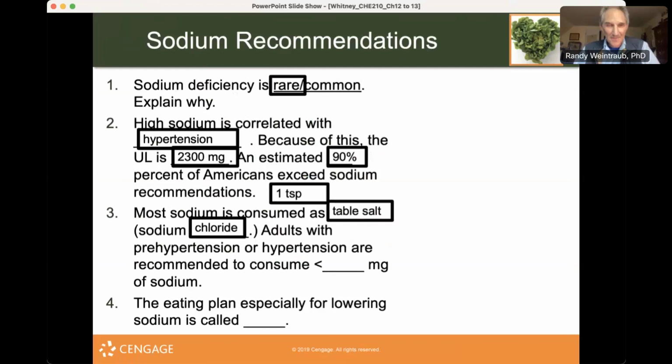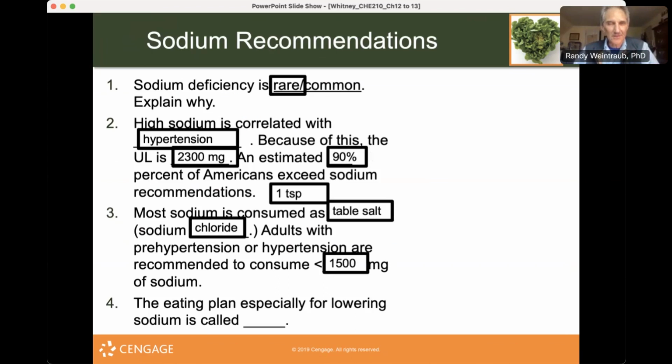Table salt, sodium chloride. This provides sodium and chloride ions, which are important to have, but not in excess. Those with hypertension and prehypertension are recommended to consume less than 1,500 milligrams a day. So that'd be closer to half a teaspoon. Good to think about that.